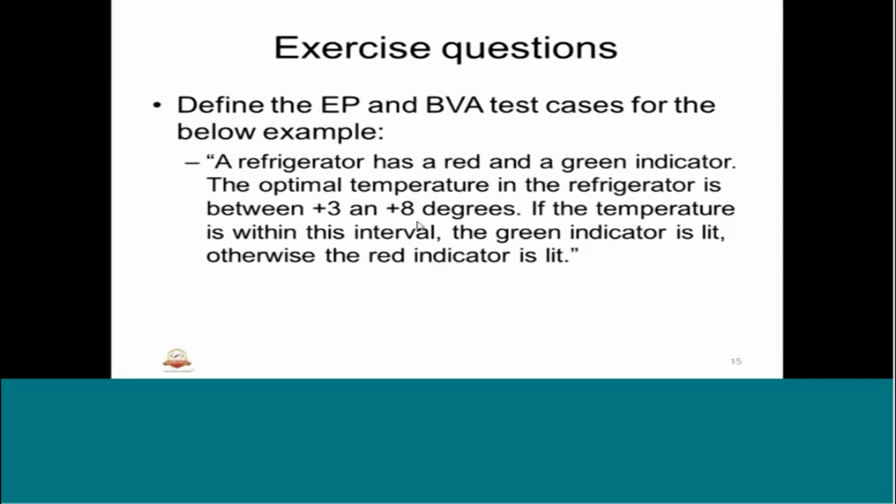If the temperature is within this interval, the green indicator is lit. Otherwise, the red indicator is lit. That means the indicator in the refrigerator will show green if the temperature is between 3 and 8. If it is beyond that, it will show red. So we need to draw an equivalence partition as well as boundary value analysis test cases for the below.